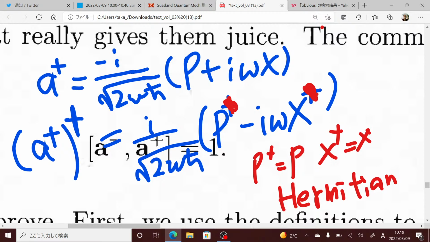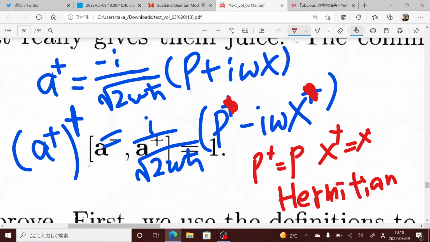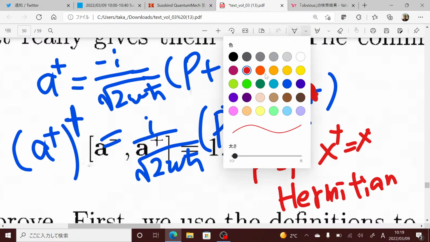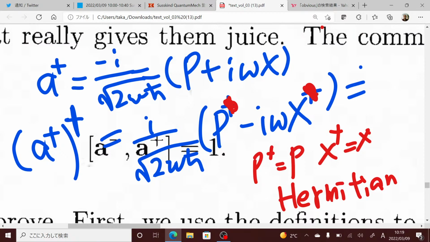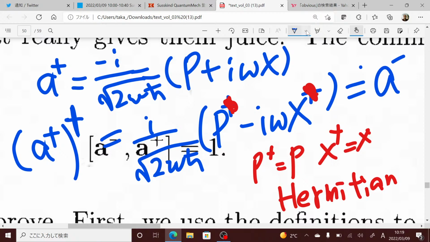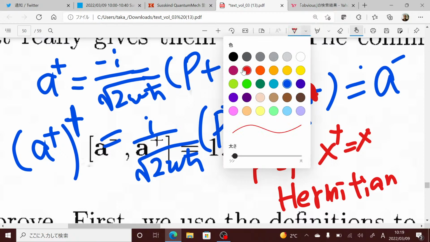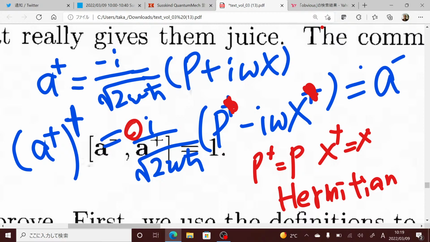So you see the Hermitian conjugate of A plus becomes A minus, because there is no minus sign in front, and a minus sign in the parentheses.